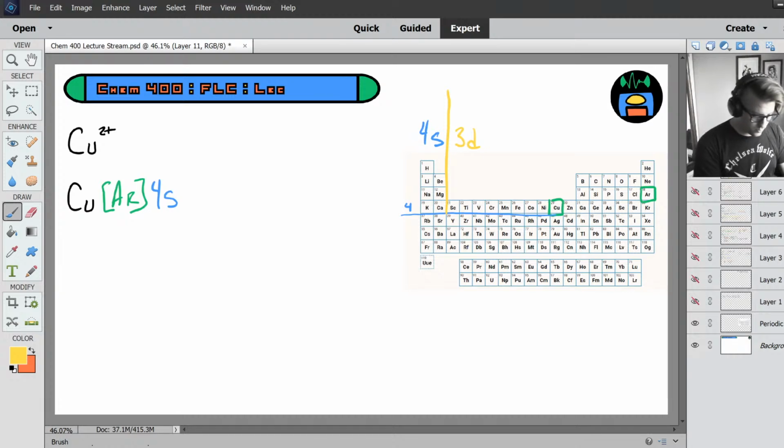So with copper, we're going to be crossing over from the 4s subshell into the 3d subshell. Move 2 spaces in, so we've got 4s2.